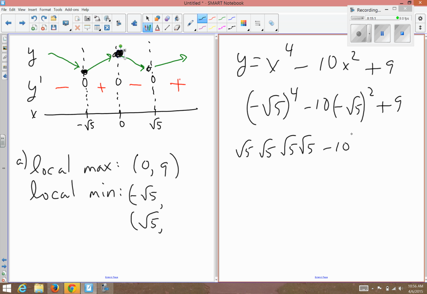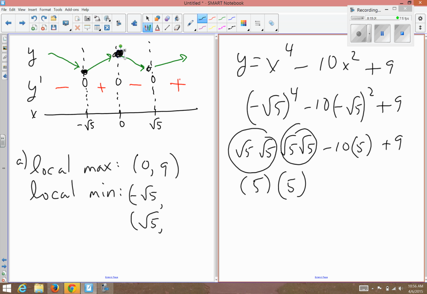Squaring negative radical 5, you get positive 5. Negative radical 5 times itself 4 times is going to be 5 times 5. I know I left the negatives out, but a negative to the 4th power is positive anyway.